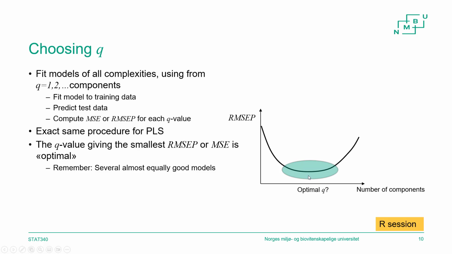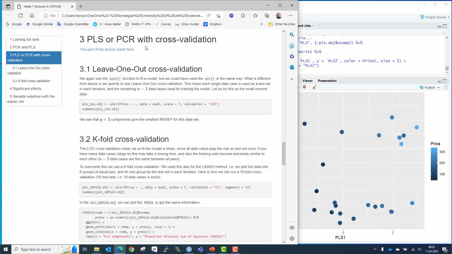Let's have an R session where we do this cross-validation and see how this turns out. PLS and PCR with cross-validation. So let's see how we can do this with these built-in functions in the PLS package. And the first thing we will do is what's called leave one out cross-validation. What does it mean?